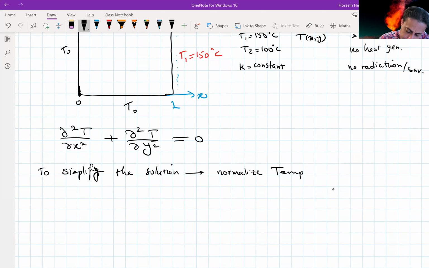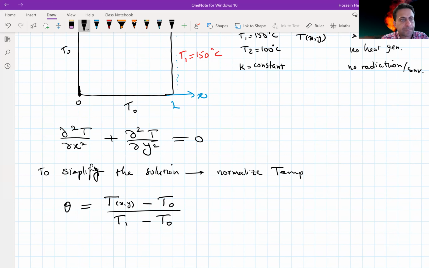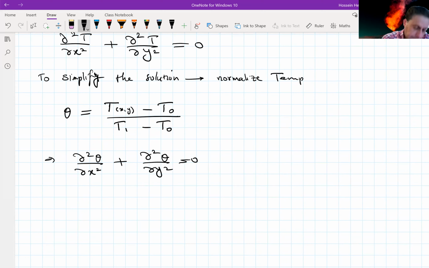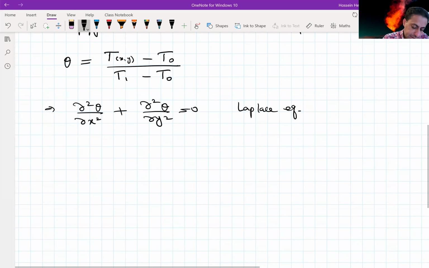I can normalize the temperature here as theta by defining temperature at any point x and y, minus T0, divided by T1 minus T0. And if I do the replacement in the Laplace equation, I'm going to get the second derivative of theta with respect to x plus the second derivative with respect to y equals 0. This is the Laplace equation with the normalized temperature theta.